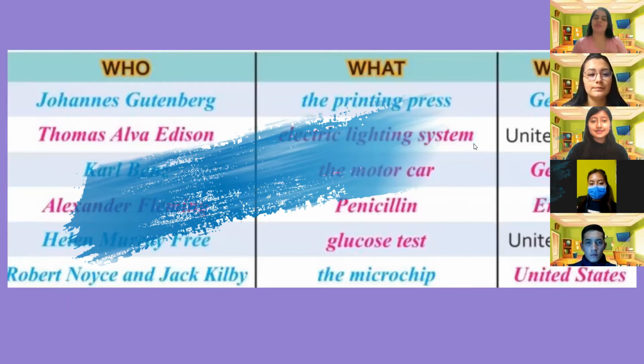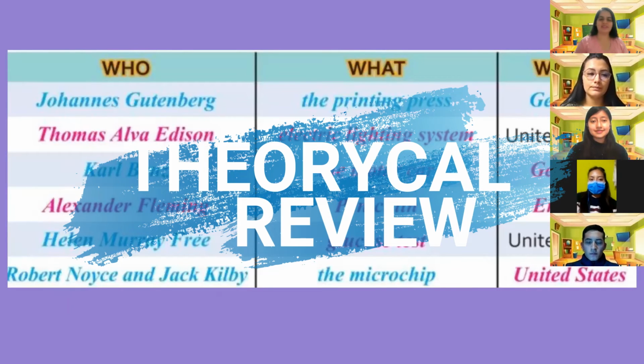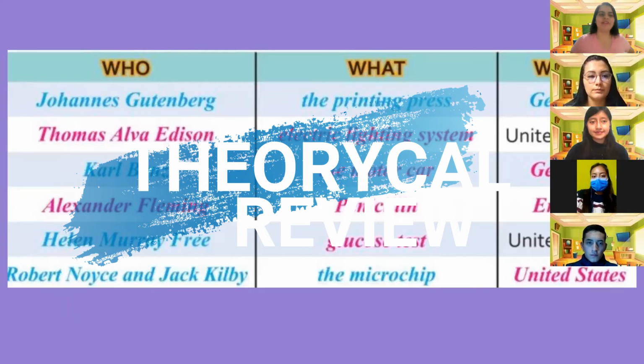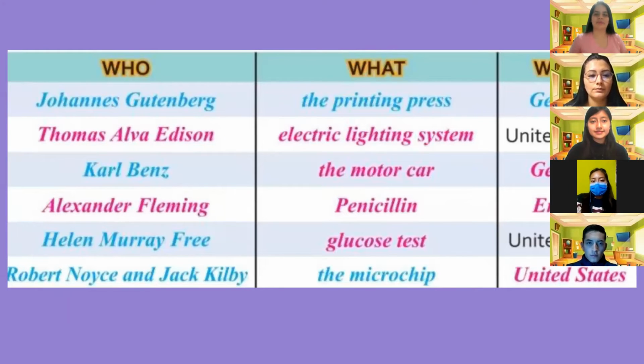What do we have to learn to talk about inventors and their inventions? Well, first of all, we have these words: who, what, and where. These are questions. Let me explain. When I am talking about inventors, the first thing I think is: who invented that?